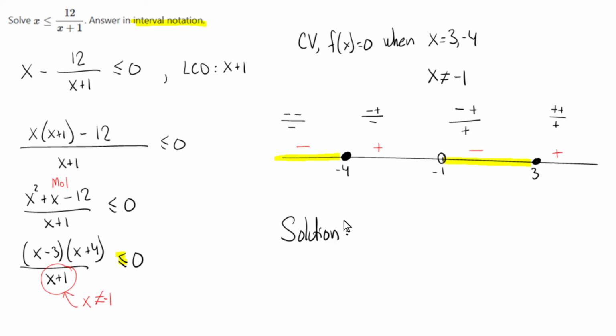So it's a union of these two intervals. We're going from negative infinity up to negative 4, including negative 4. Union. And then we go from negative 1, not including negative 1, up to 3, including 3.